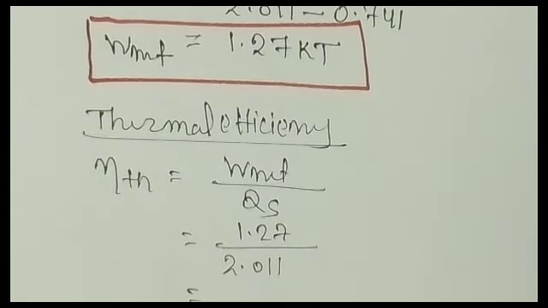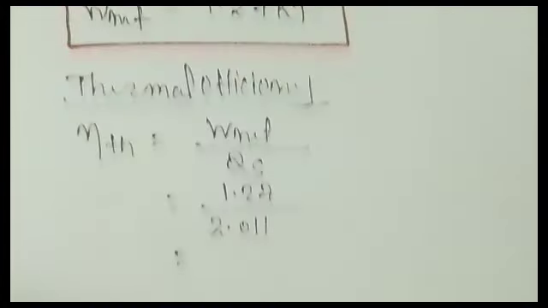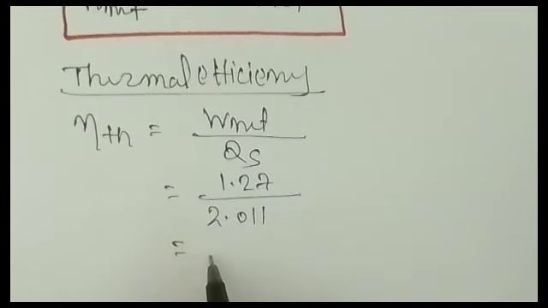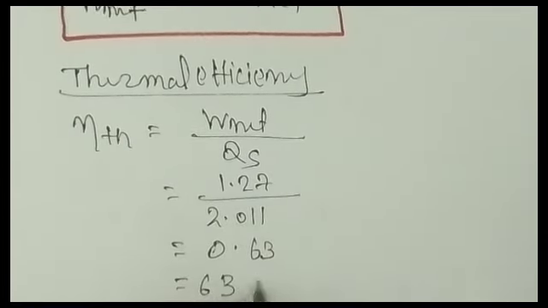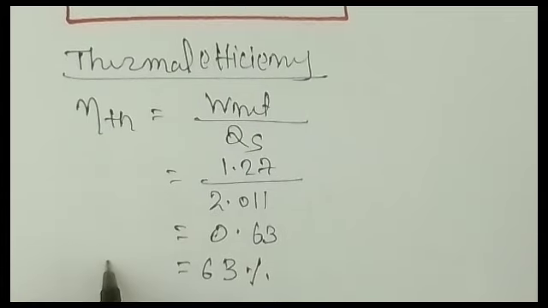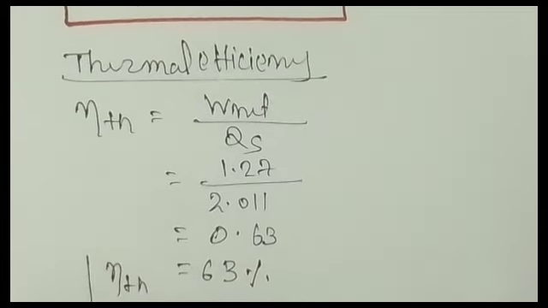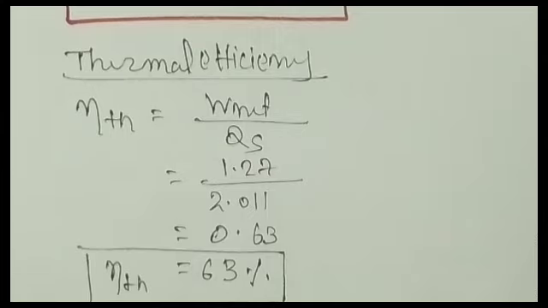So we got this, that is 63%, right? So you have 0.63, or you can say 63%. That is your thermal efficiency, eta th. So this is the thermal efficiency we got.